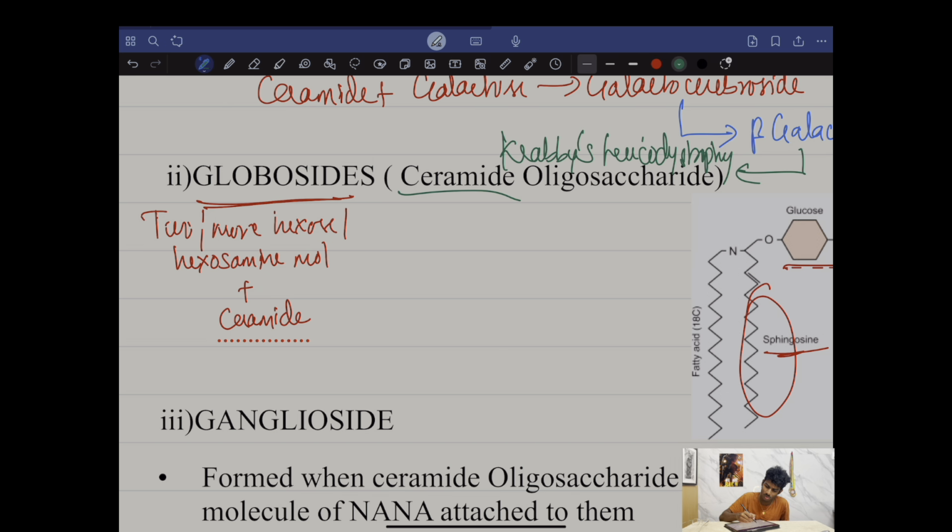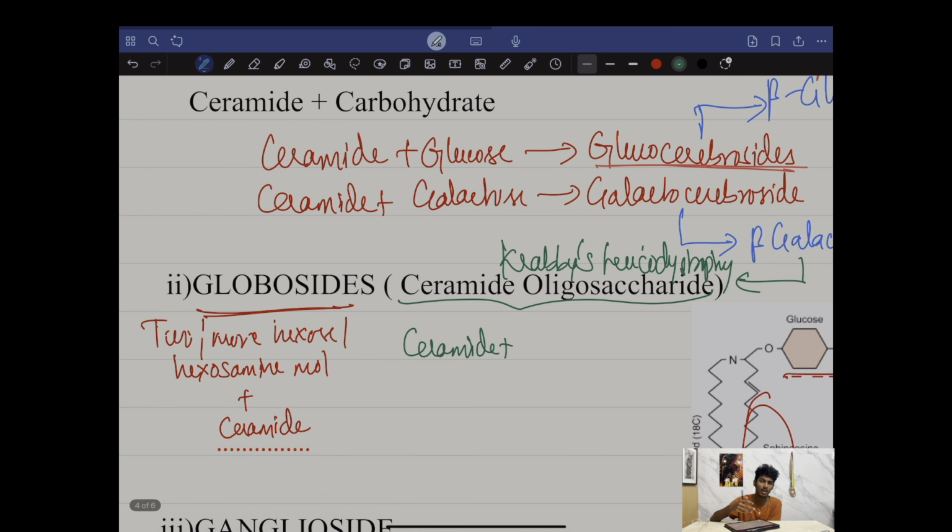Ceramide oligosaccharide is ceramide plus oligo, meaning 2 to 10 sugars, as you have studied. Before we discussed ceramide plus glucose, ceramide plus galactose. Now I am going to write ceramide plus glucose plus galactose. I can also call this a globoside.